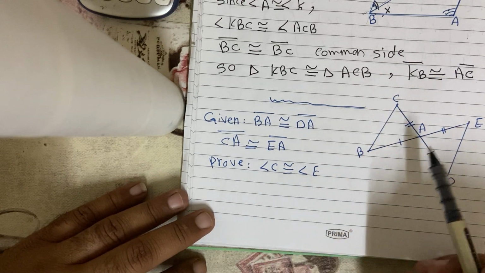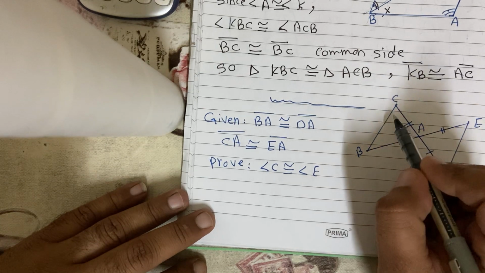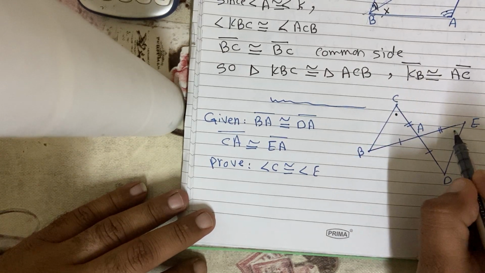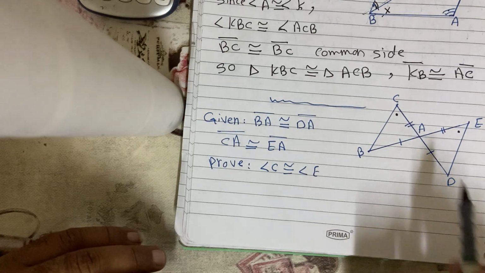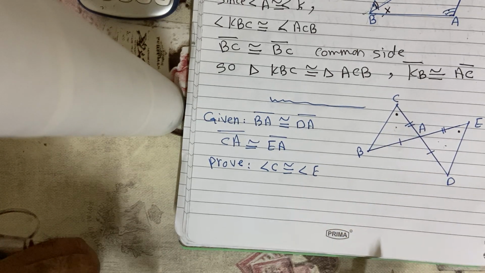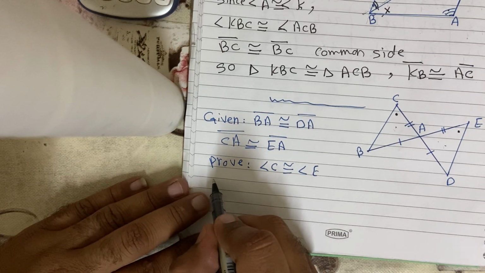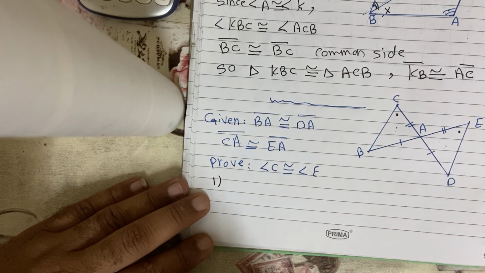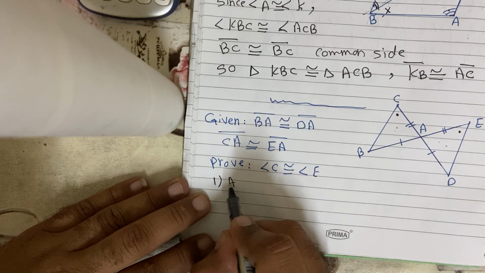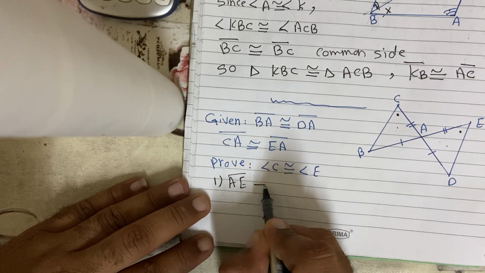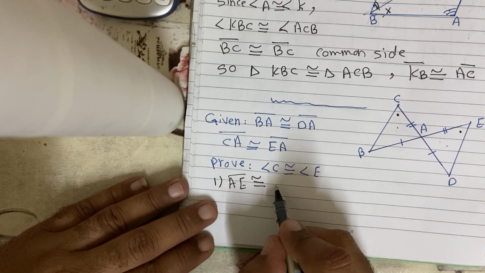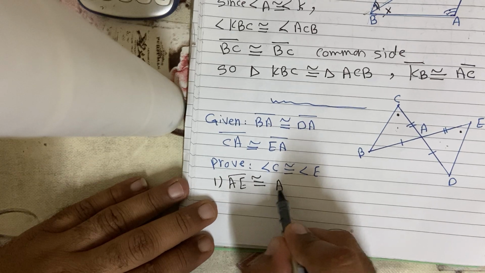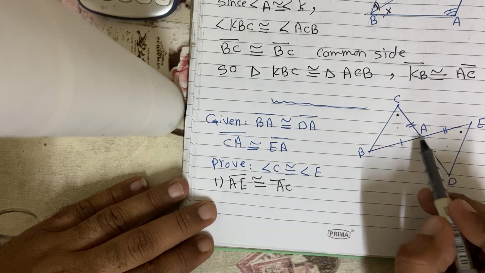Prove that angle C is congruent to angle E. Again, we need to prove that the two triangles are congruent. And here we have the first condition, that AE is congruent to AC.